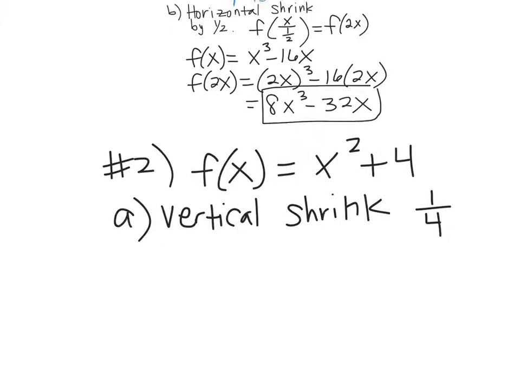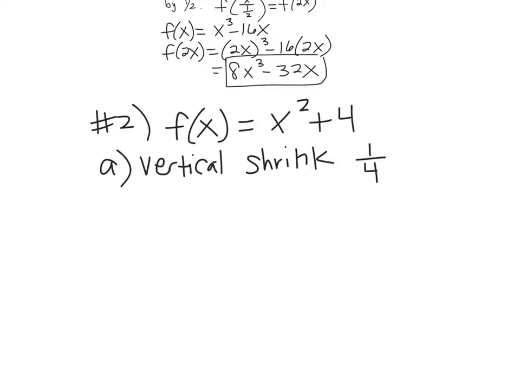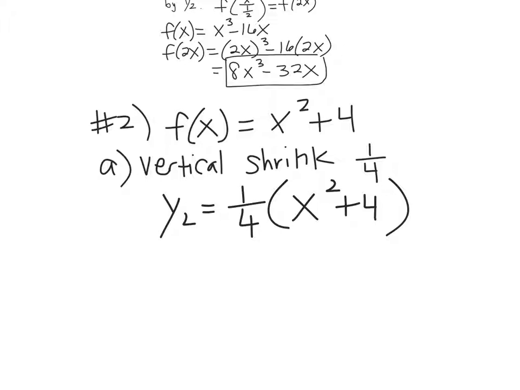All right, so a vertical shrink. This is the easy way. Vertical is easy. It happens to all the y values. So our new function, I'm just going to call it y2, will equal 1/4 times all of f of x, x squared plus 4. So y2 will equal 1/4 x squared plus 1. Everything gets shrunk.